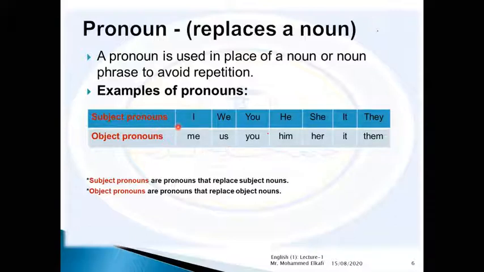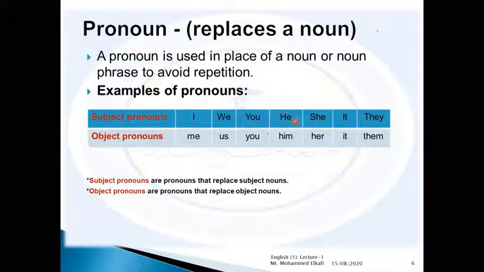So what are they? Here we have first I. When you speak about yourself, you can say I. We. When you talk about yourself and some other person or group of people with you, you can say we. You. When you talk to someone, you will say you.